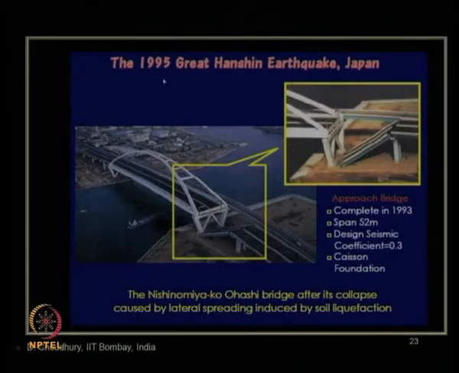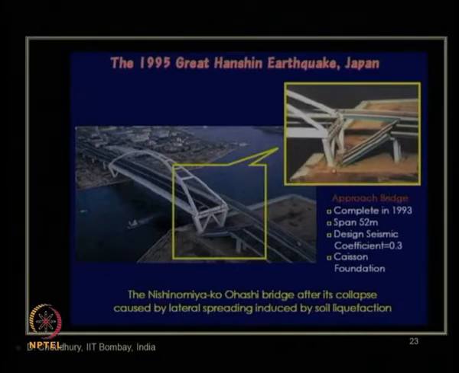But after this Kobe earthquake of Japan in 1995, what happened? This portion of the soil got liquefied, and finally, this abutment or this support sank into the soil, and finally, everything collapsed like this. So, this is the Nishinomiya-ko Ohashi bridge after its collapse caused by lateral spreading.